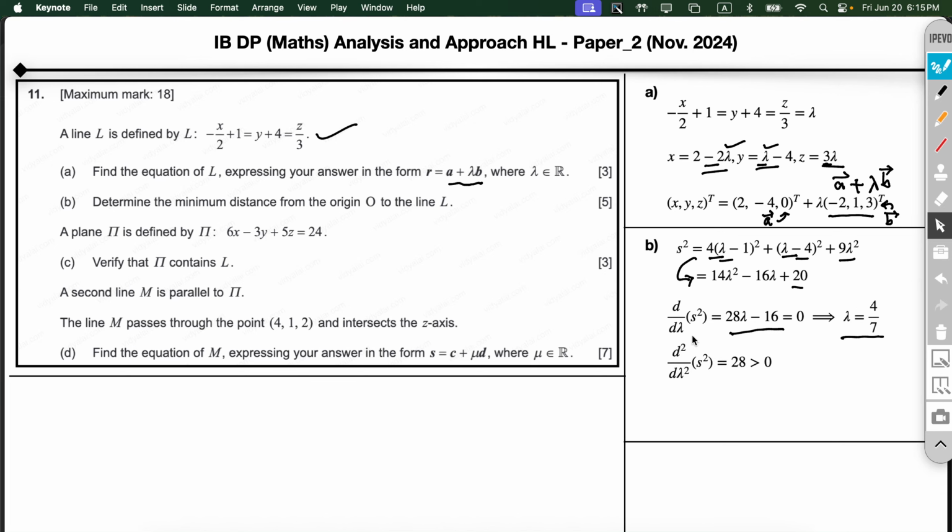Of course, if you take the double derivative to check, you get 28, which is greater than 0, so S squared is indeed a minimum. S minimum squared is calculated as 108 over 7, if you put the value of lambda in this expression for S squared.